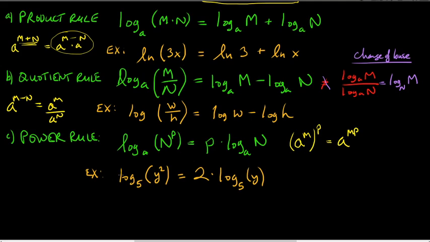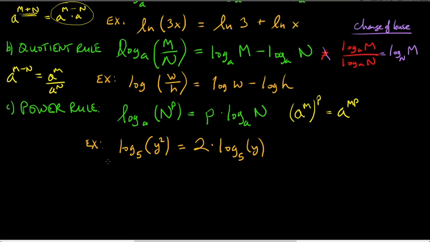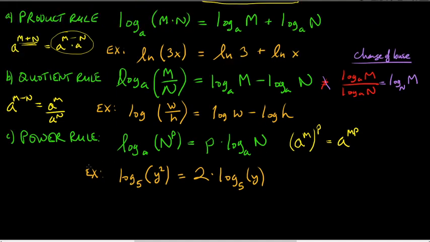By the way, another way you could do this example, you can also do it the following way. You can say log base 5 of, instead of y squared, y times y. And now that should remind you of the log of m times n. Now here, m is y and n is y.